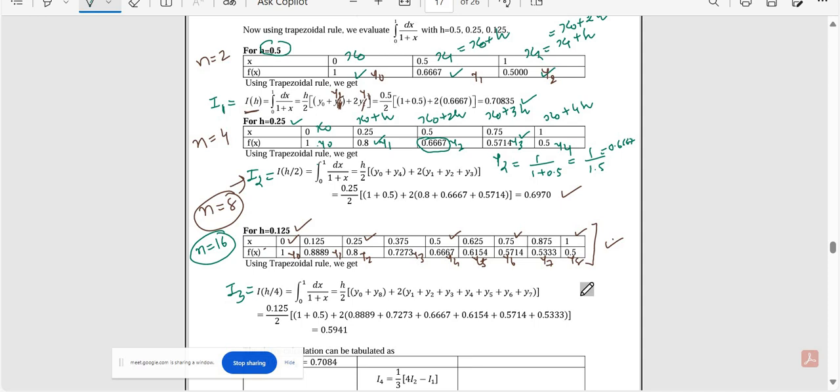So we have to do the first three values I1, I2 and I3 and check whether we get our answer or not. If you are not getting that answer, then you have to enhance it or go for more calculation. Otherwise you are done with I1, I2 and I3.